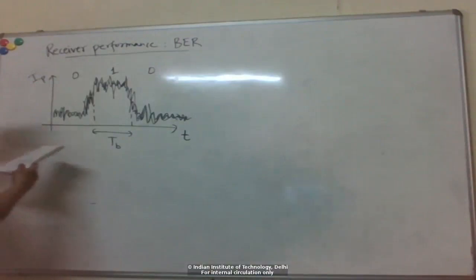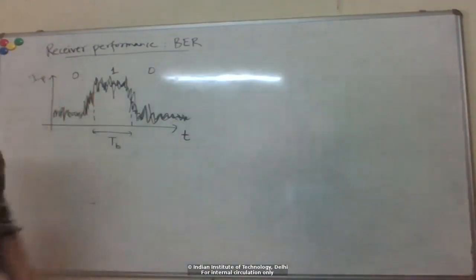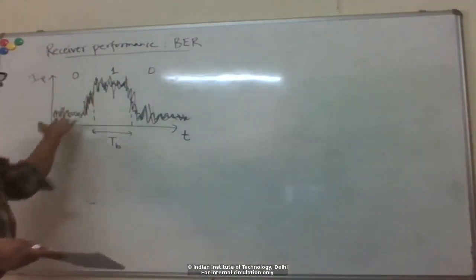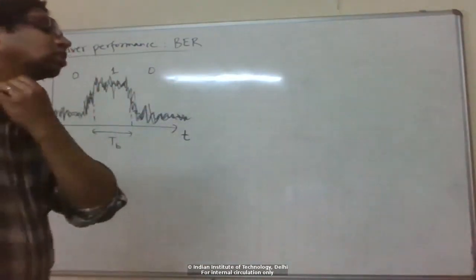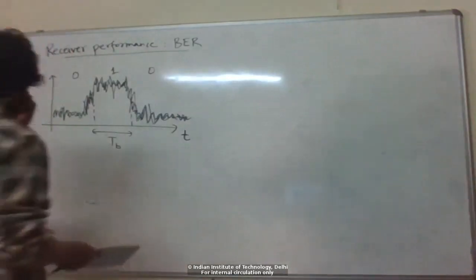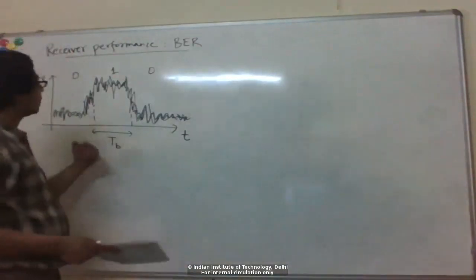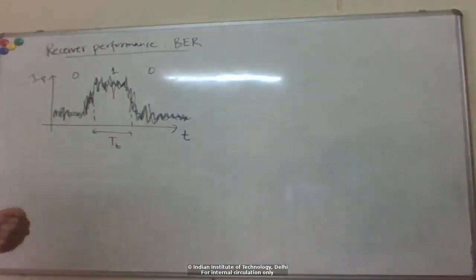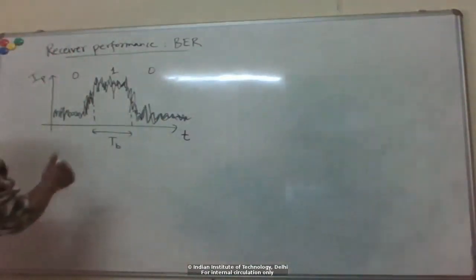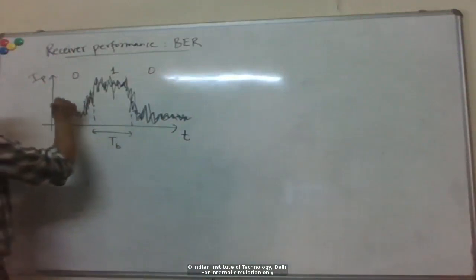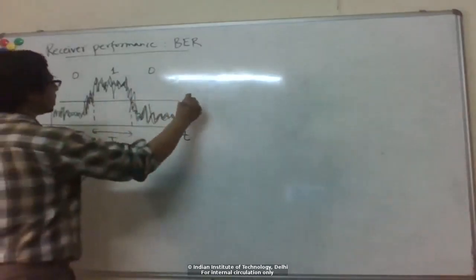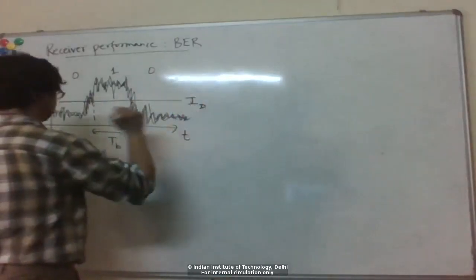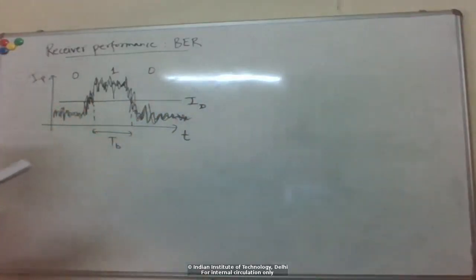We saw that we use various circuits after the photodetection to reduce this noise, filter out the noise from the signal, do some post processing, and then finally send it to a decision circuit. So basically we have some threshold level here, which we call the threshold current or detection threshold ID.